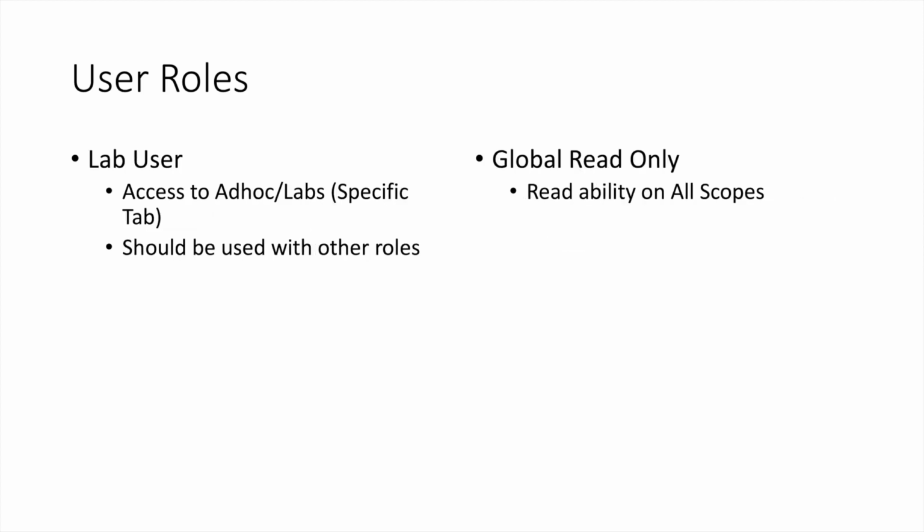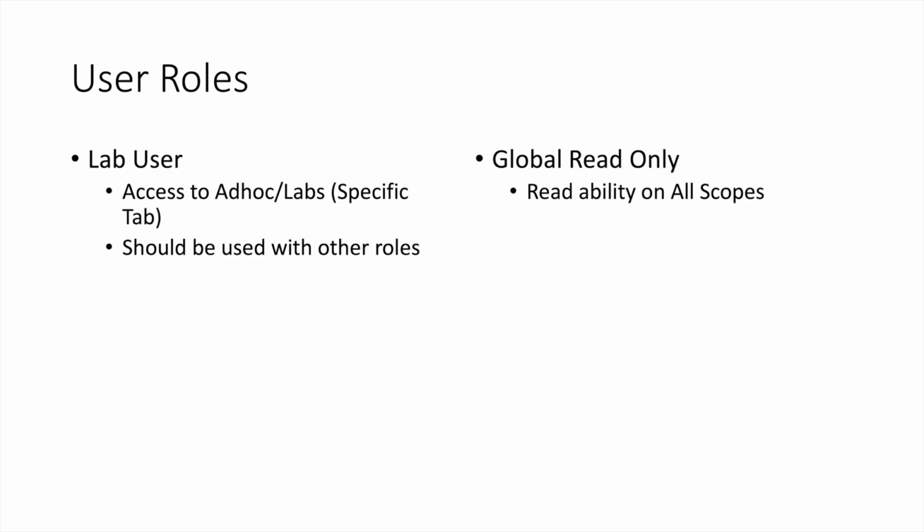Then we have a lab user. There is a specific tab within the newer versions of Tetration that is for lab use or ad hoc use. We typically recommend assigning this user another role as well, so they'll be able to view the cluster and view the inventories. But this will allow them to have access to that specific tab.